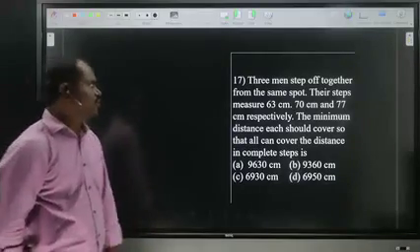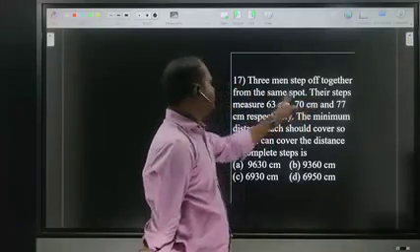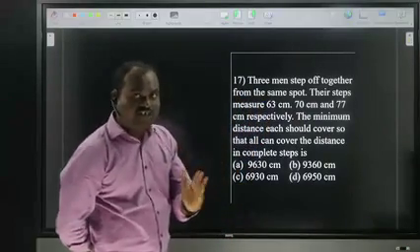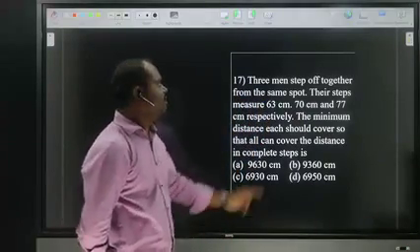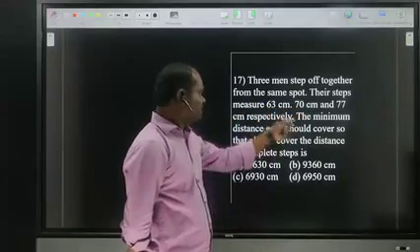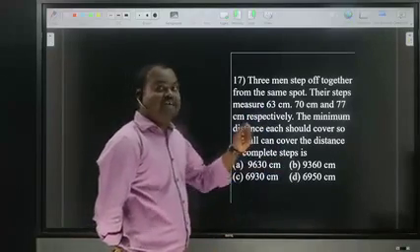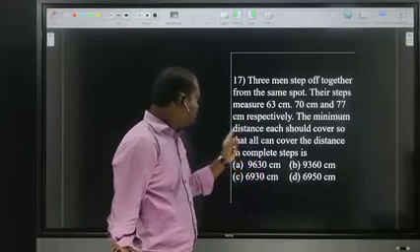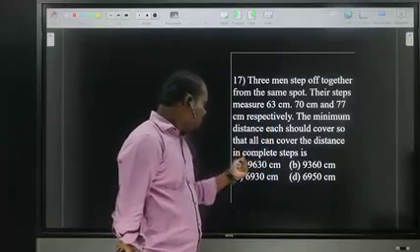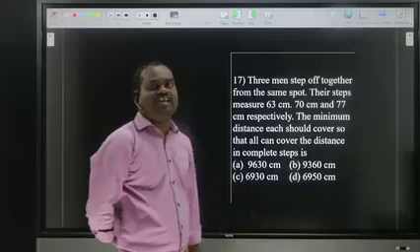Next one. Observe. 3 men step off together from the same spot. Their steps measure 63 centimeters, 70 centimeters, and 77 centimeters respectively. The minimum distance each should cover so that all can cover the distance in complete steps is?